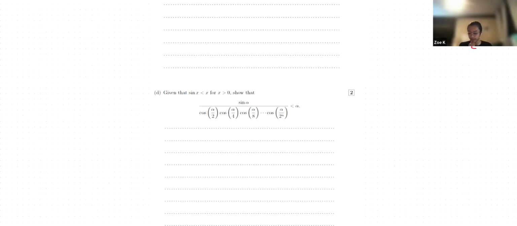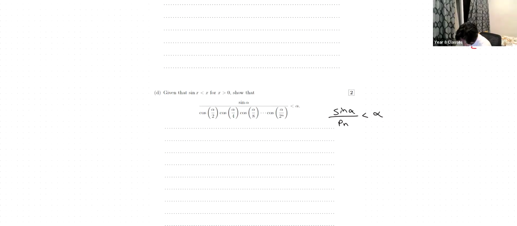Okay, so that looks like the bottom would be sine alpha, Pn, but then I don't know what you do from there. I'm trying to prove this. So you're trying to prove sine alpha on Pn is less than alpha.